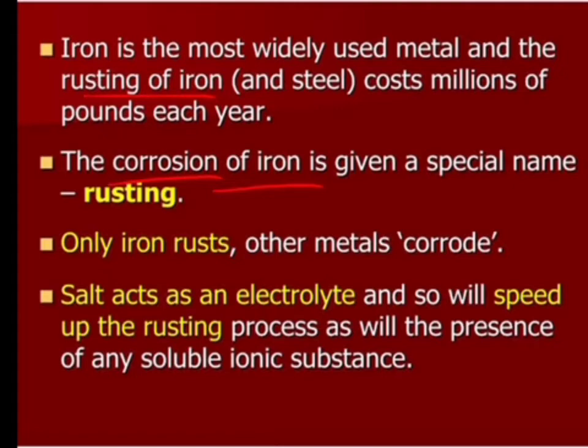If any metal other than iron is rusted or destroyed, it is called corrode. But in case of iron, corrosion is known as rusting. Only iron rusts. Other metals corrode.